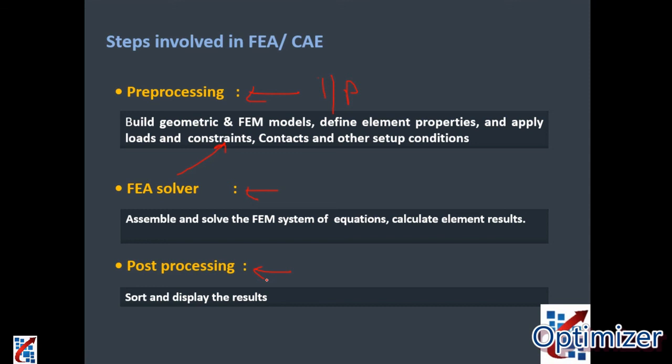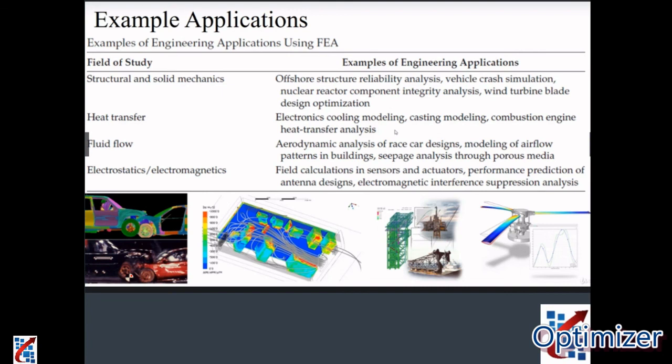Once all the inputs are ready, you give them to the next step, that is solution. In the solution step, you give the solve command to the software and it is solved. Once the solution is ready, with the help of the last step, post-processing, you see the result, plot the result and analyze it. So these are the steps involved in FEA or CAE.